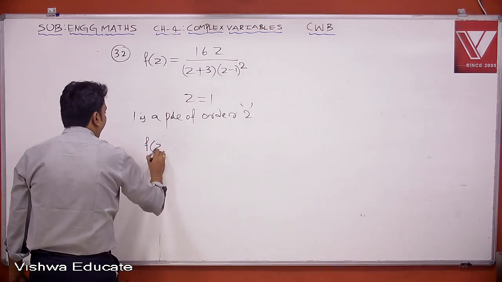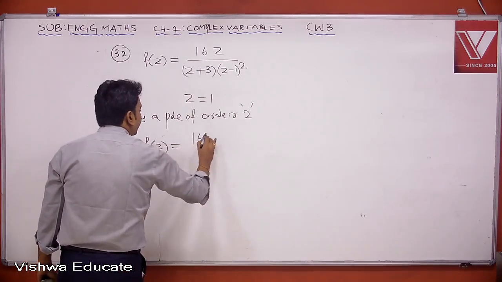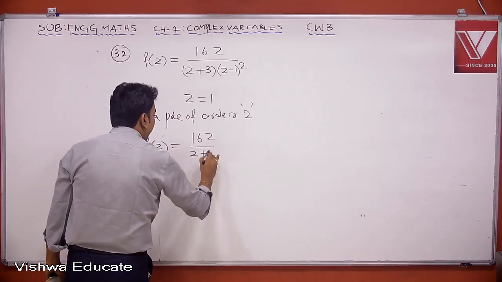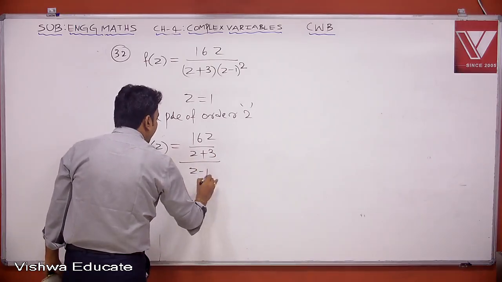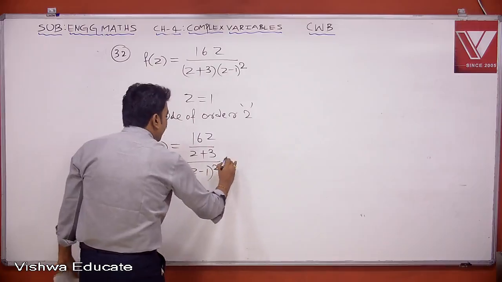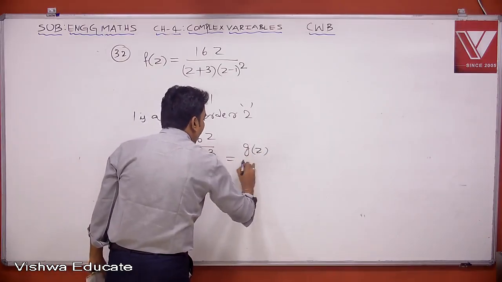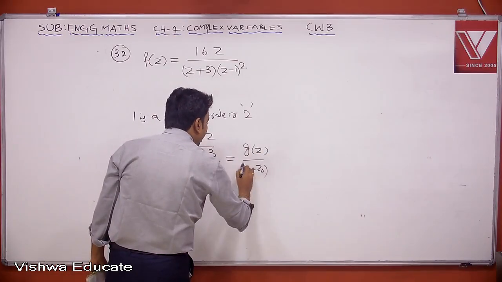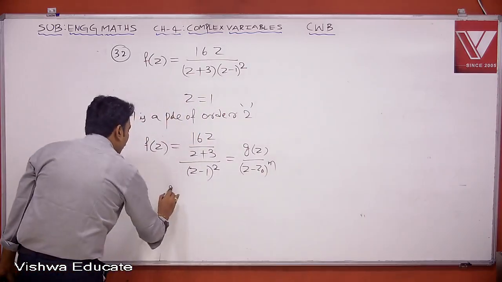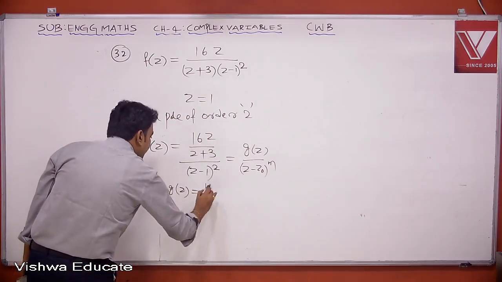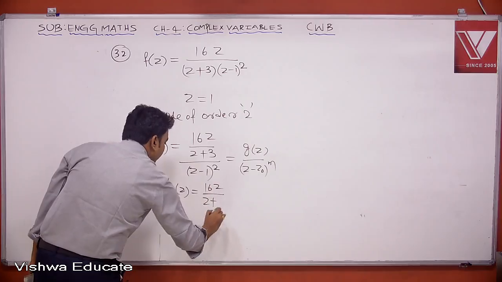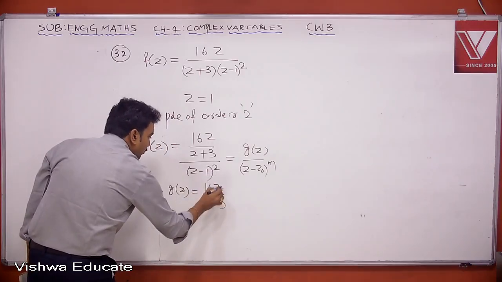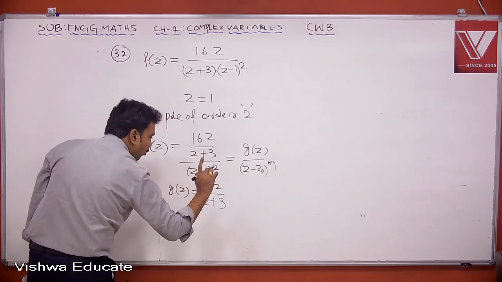So here f of z, I can write it as 16z by z plus 3 divided by z minus 1 whole square. Now this is in the form g of z by z minus z naught whole power m. Here what is g of z? 16z by z plus 3. But here power is 2, so differentiate this with respect to z one time.